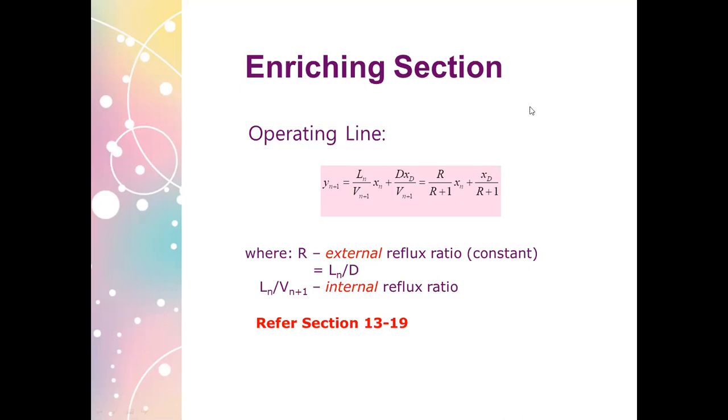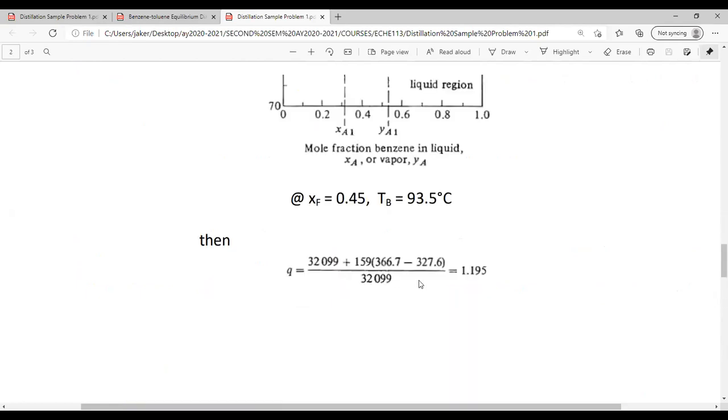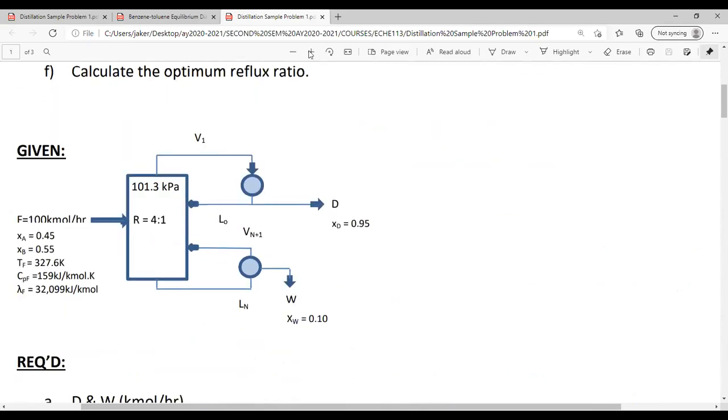I like to go back to the problem that we just discussed. Where is that? Is this it? Okay, in terms of the problem we have discussed, this is the illustration of the column, so for you to understand better.